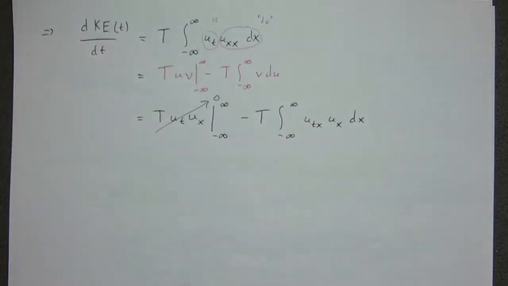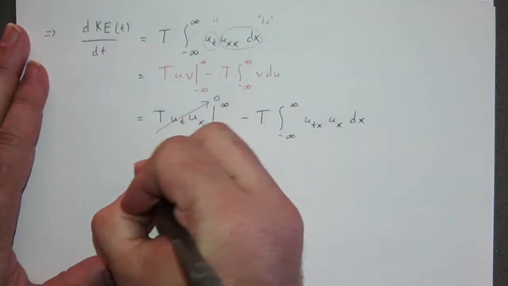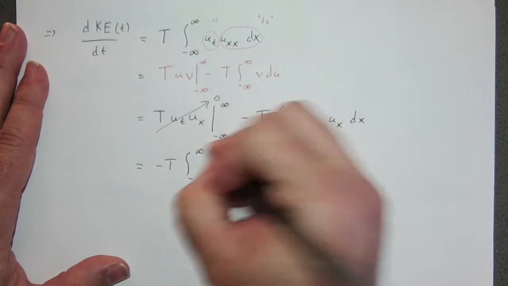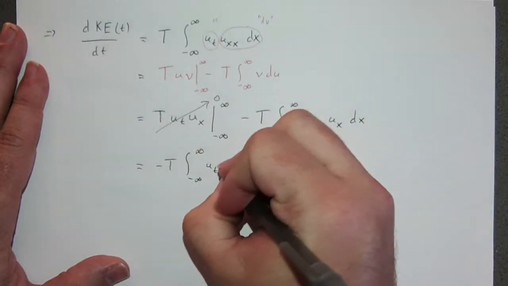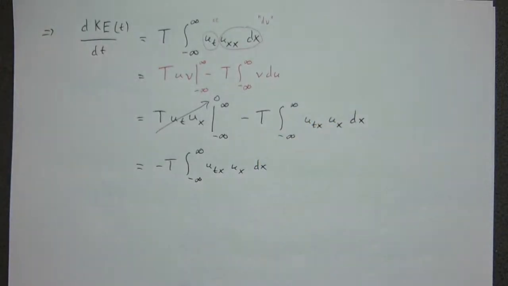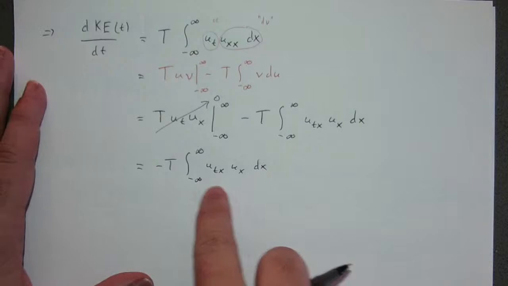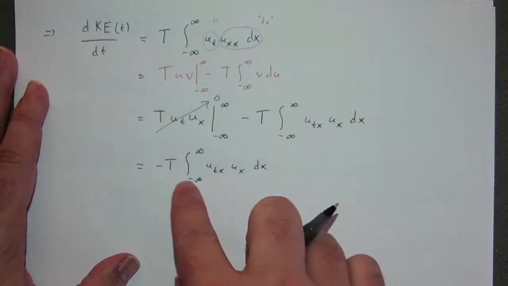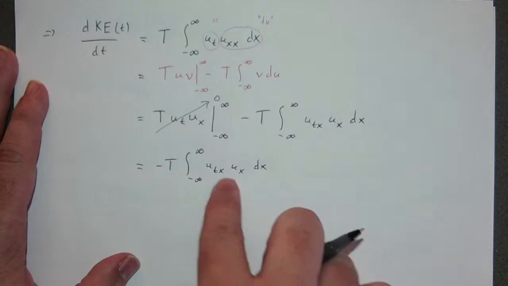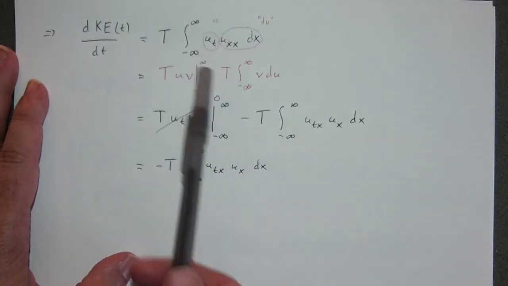That's very important. And so what I get is that this is equal to minus t times the integral from minus infinity to infinity of u sub t x u sub x dx. Oh, but wait. This thing we have put in a very specific form. You might ask what was our purpose of doing this?